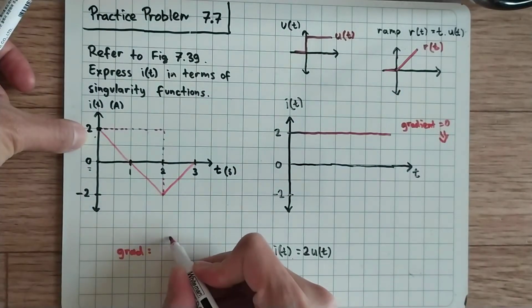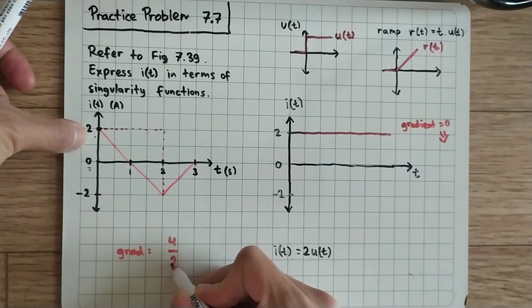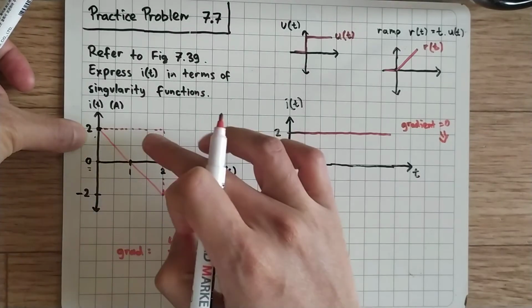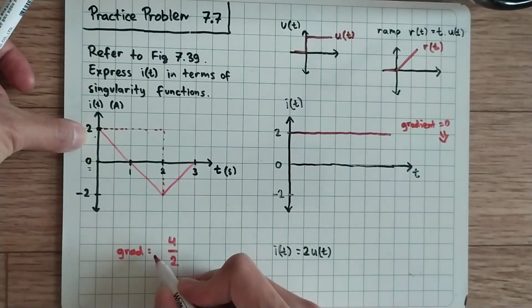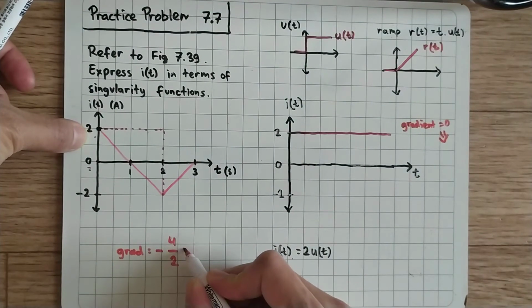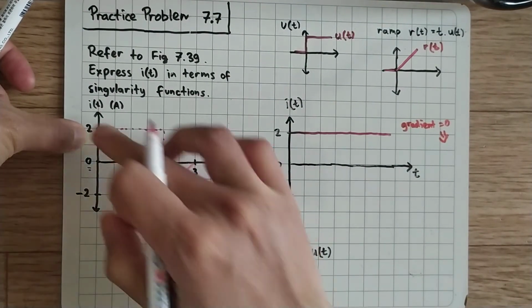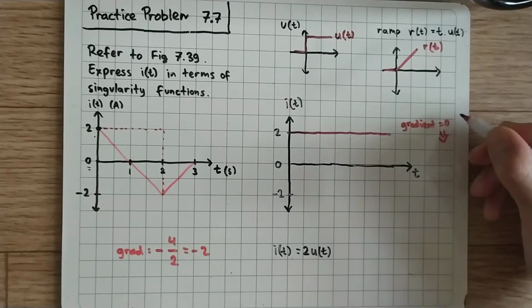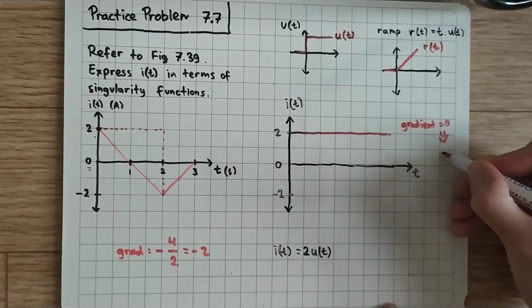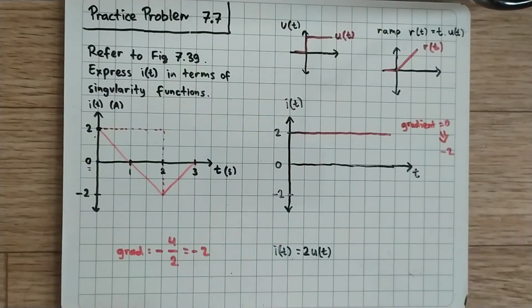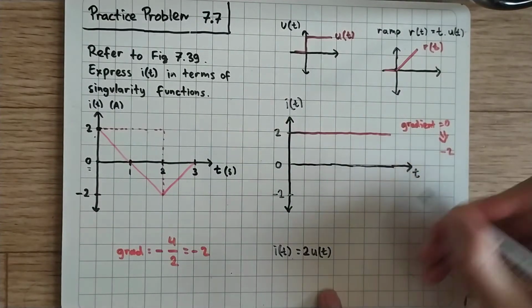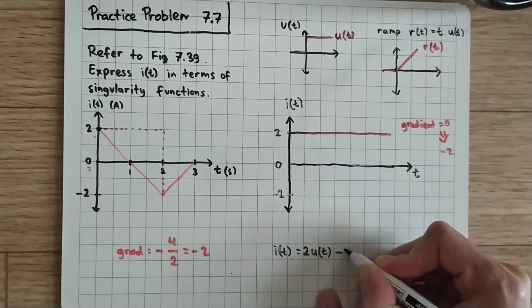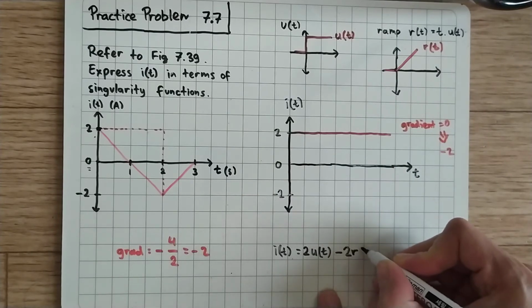So I will have 4 divided by 2, and because it's going diagonally down, the sign will be negative. So the gradient here is minus 2. We want to change the gradient from 0 into minus 2, so I subtract a ramp function with an amplitude of 2. So minus 2r(t).